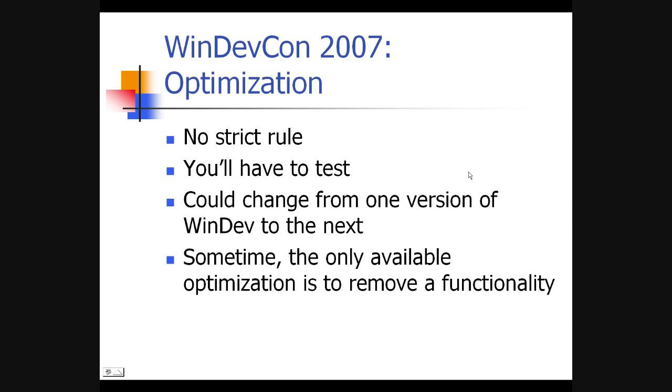You also have to realize that sometimes the only available optimization is to remove a functionality, either temporarily or definitely. If one functionality is just taking too much processing power, perhaps the only thing that you can do to have your program work in a usable way is to remove this functionality and to accept that you won't have it. It's sometimes the harder choice to make, but it's also sometimes the only available one.